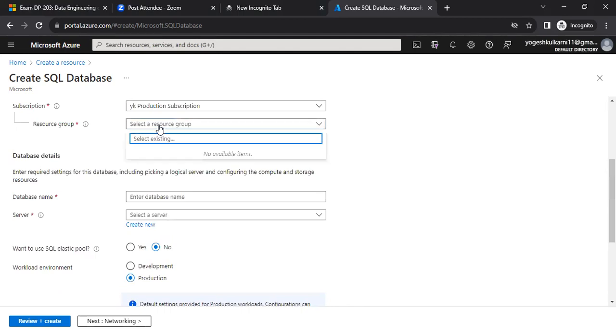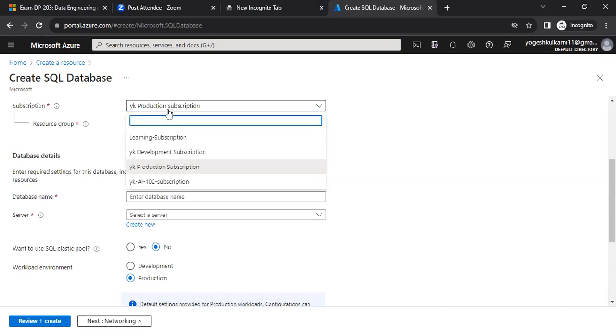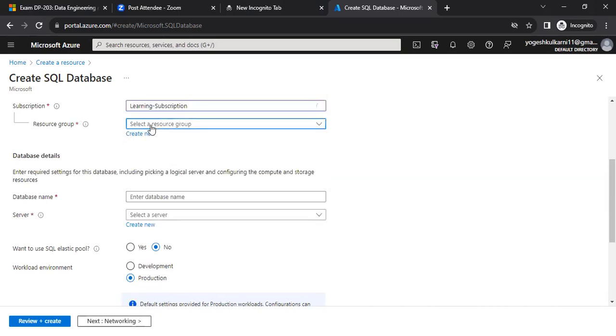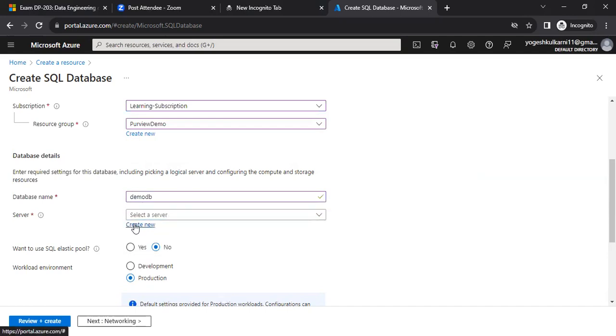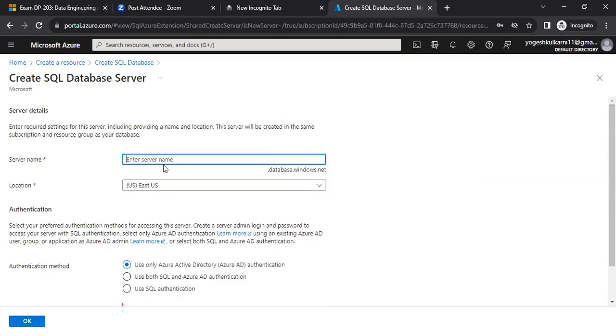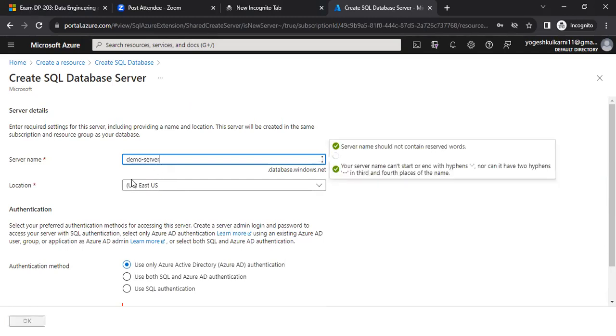Let me just select a dummy option. See, here you have the location option.